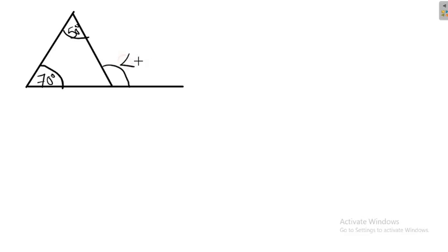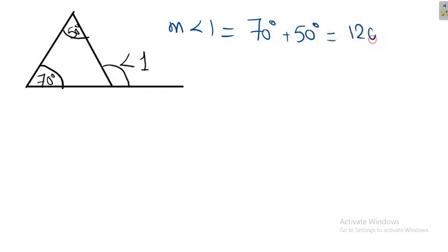How much is angle 1? Angle 1 is an exterior angle. It equals the summation of the two interior angles far away from it. So the measure of angle 1 will be 70 plus 50. It will be 120.